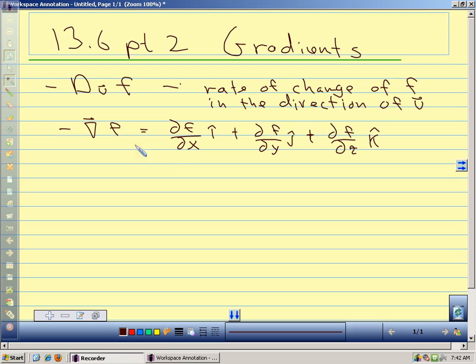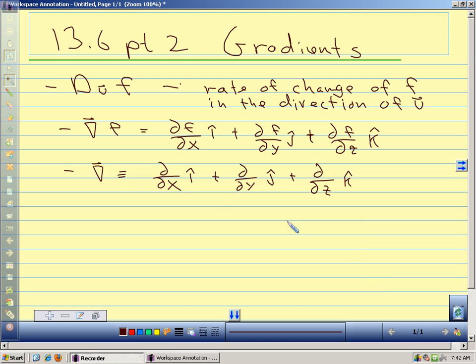And if we just had two variables, we just have i and j here. And we defined our del operator as d/dx i plus d/dy j plus d/dz k. Okay.